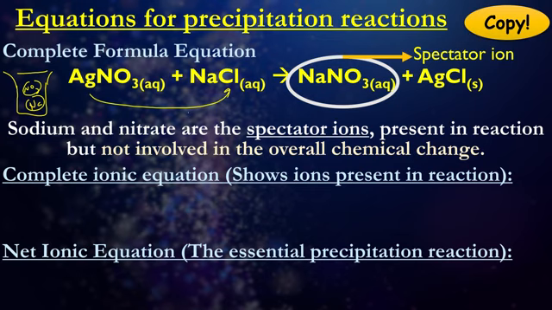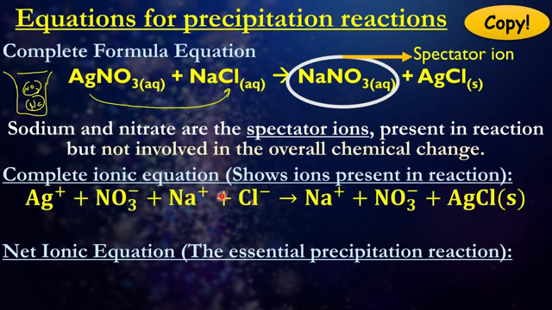Well, if I want to write this out as a complete ionic equation, you are just writing the ionic formula for each and every element here. So a complete ionic formula will look like this. You'd write the ion of Ag silver, you write the ion for NO3, which is -1.